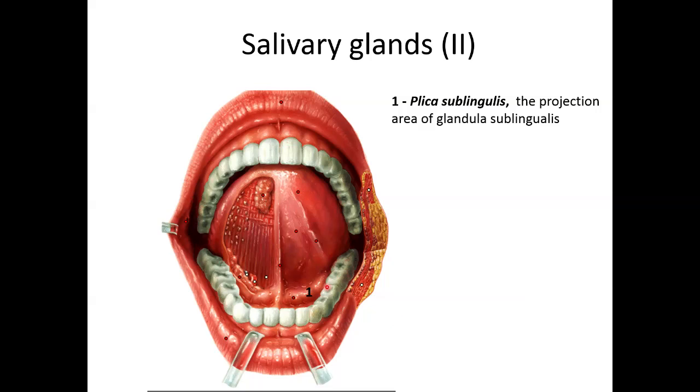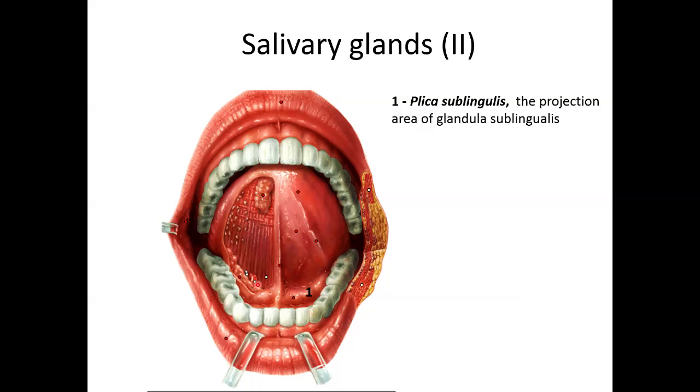You can see that here from the left side it is intact, it wasn't injured, but from the right side they especially have cut the mucus, and that's why we can see muscles of the tongue, and here we can see glandula sublingualis.